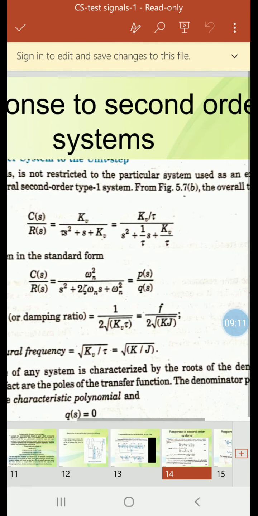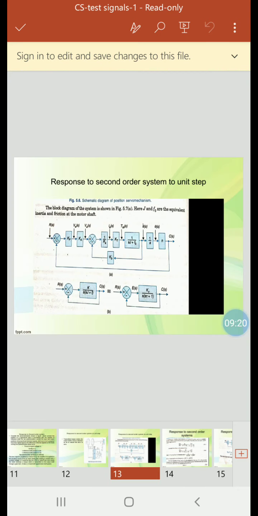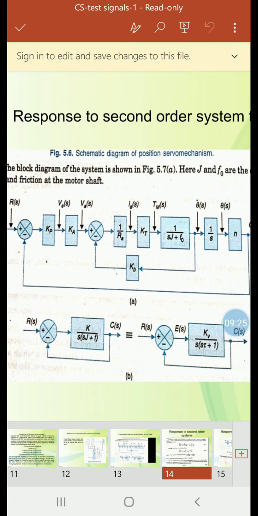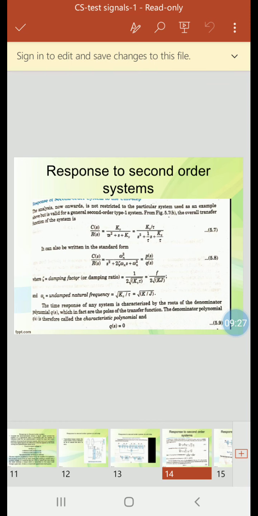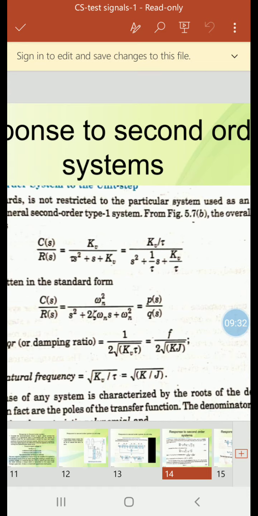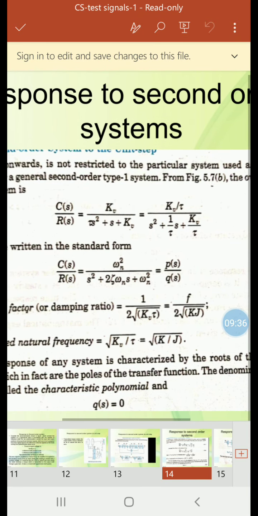Then the overall transfer function of the system is given by this figure B. From figure B, the overall transfer function comes to be C(s)/R(s) equal to Kv divided by tau s square plus s plus Kv, which is equal to Kv by tau divided by s square plus 1 by tau s plus Kv by tau.